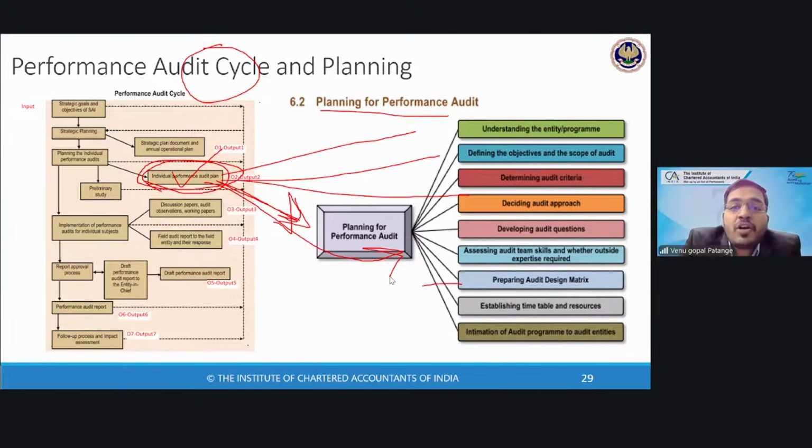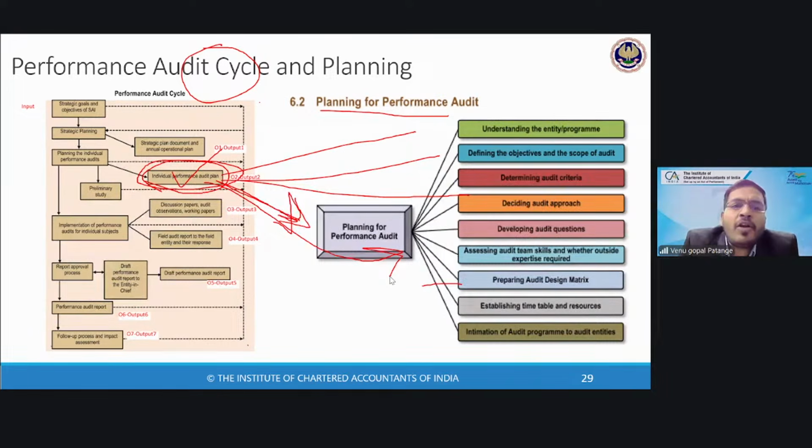So let us see what the audit design matrix is. Then we'll read this process again. If you eliminate the audit design matrix, what is left over? Left over is the approach, team and skill needed, timetable and resources, intimation to the audit program, which is very common, right?